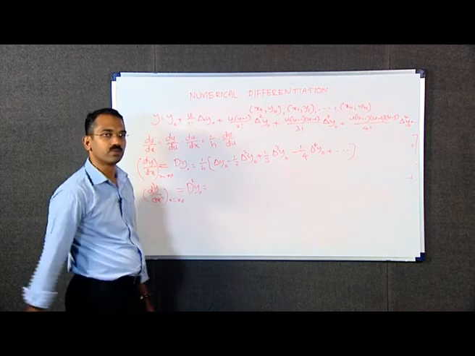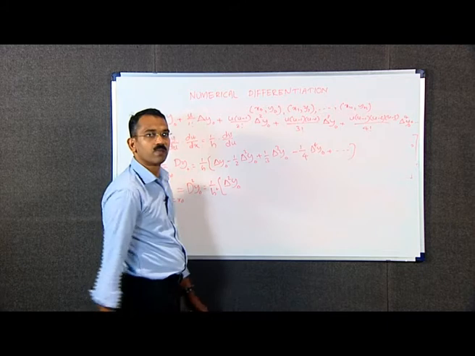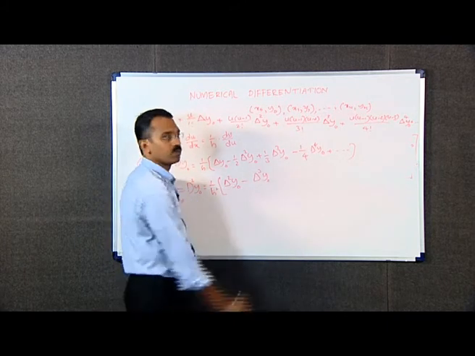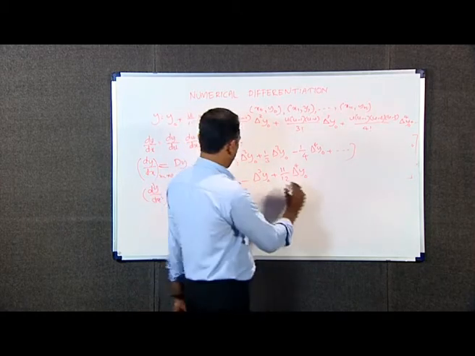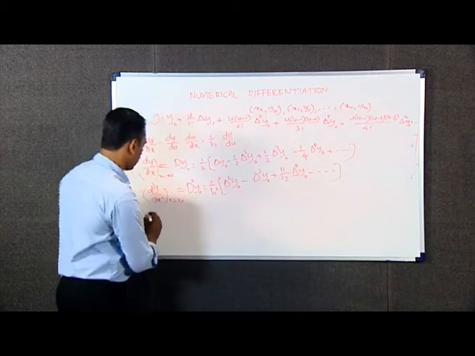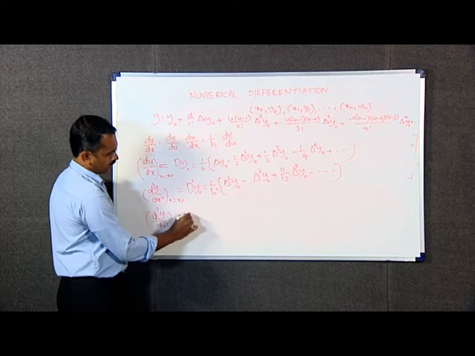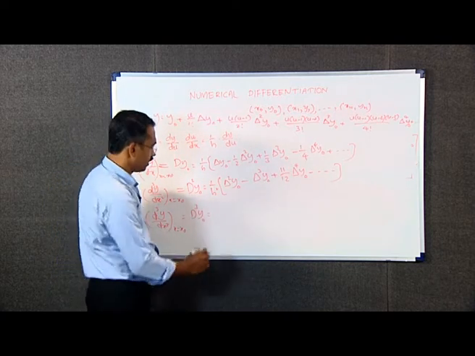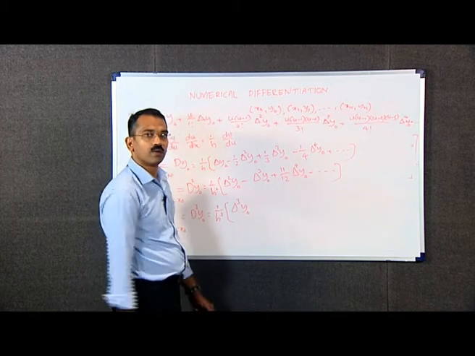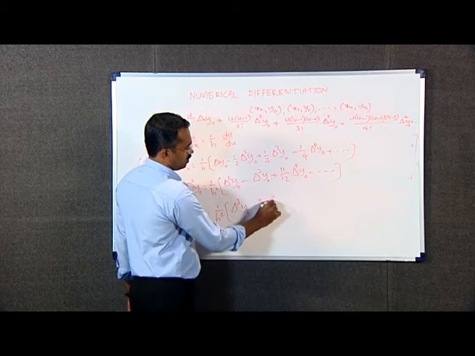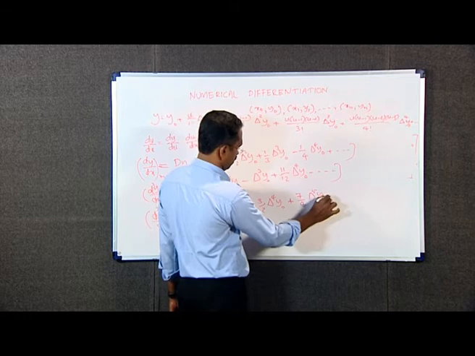We have to use this symbol, which is equal to 1 by h square into delta square y naught minus delta cube y naught plus 11 by 12 delta raised to 4 y naught minus etc. And the third derivative will become d cube y by dx cube at x equal to x naught is capital D cube y naught, which is equal to 1 by h cube into delta cube y naught minus 3 by 2 delta raised to 4 y naught plus 7 by 4 delta raised to 5 y naught minus etc.